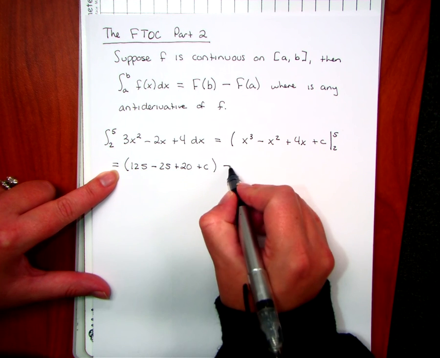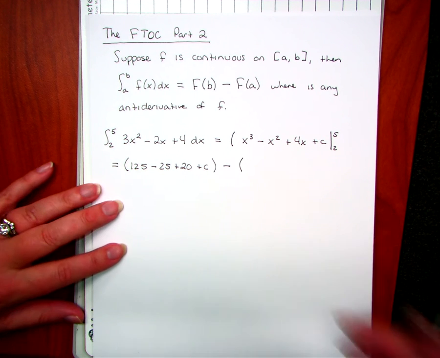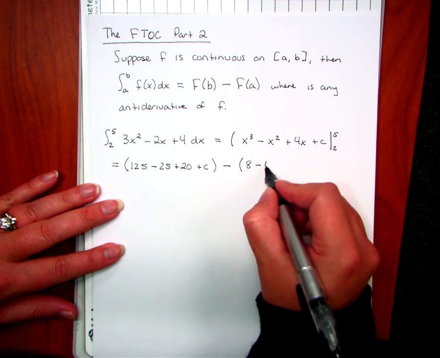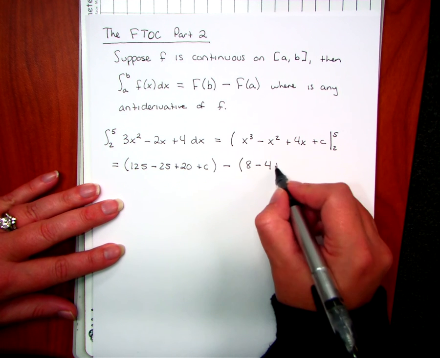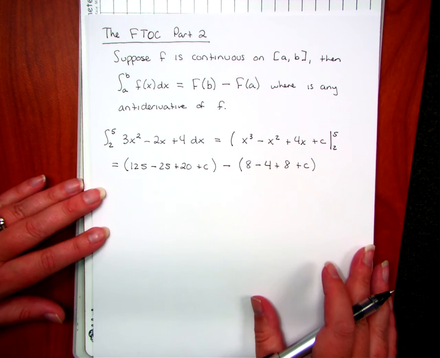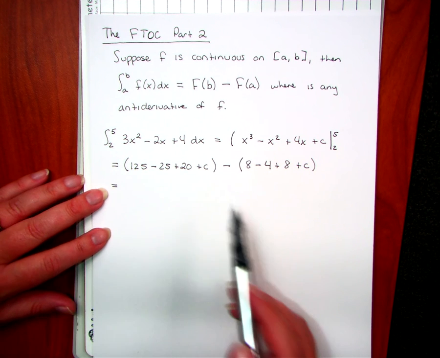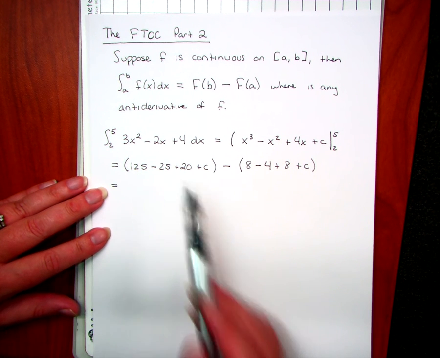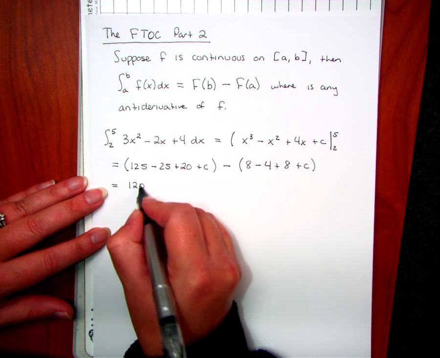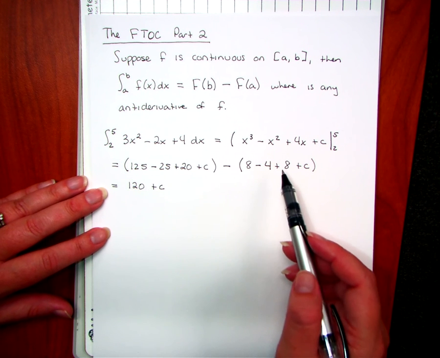Then I want to subtract from that the antiderivative evaluated at 2. So 2 cubed is 8, minus 2 squared, plus 4 times 2, plus c. If I simplify this and combine like terms, I get 120 plus c out of the first parentheses.